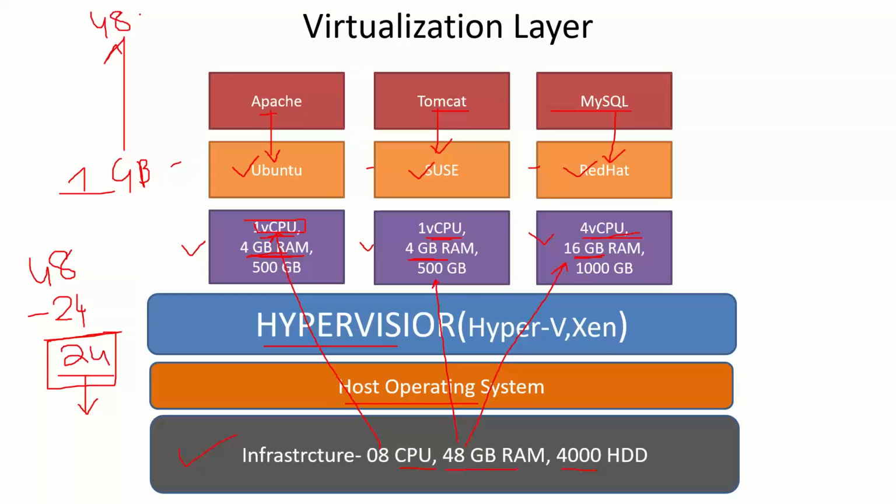But that is not the right way to allocate 48 GB, because we also have to allocate a certain portion of RAM for the server itself, because the server has to do some kind of computing, right? So we can keep up to 44. You can start from 1 and you can end up at 44 gigabytes. After that, this is not recommended because the server needs a certain part of RAM for its own processing.